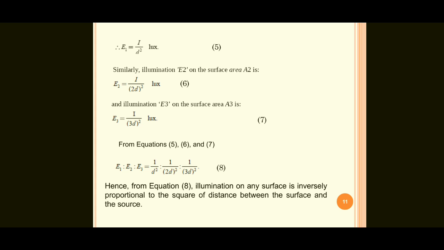Two laws are present, inverse and Lambert's. First one, inversely proportional to the square of the distance. And second one is based on the cosine law. So these are the important laws in illumination. So we may expect the essay question from these laws of illumination.